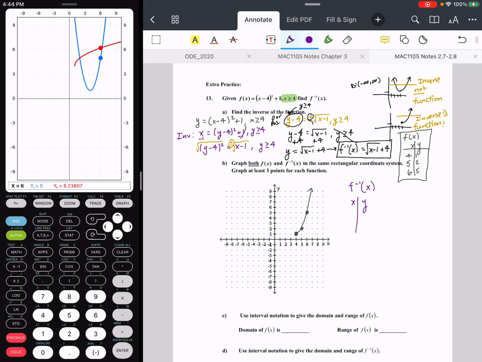So if I were to graph f inverse of x, then all I would need to do is switch the ordered pairs that we came up with before. So switch the x and y. So we'd have 1, 4; 2, 5; and 5, 6. So there's 1, 4; 2, 5; and then 5, 6.